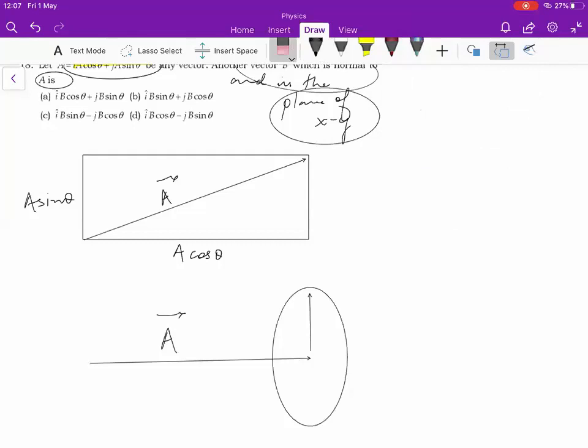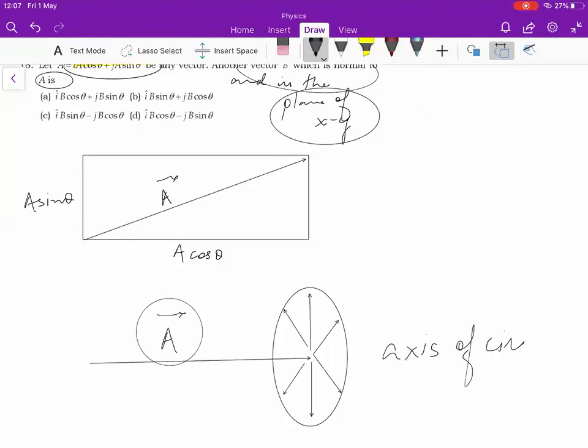Is it clear? So this is perpendicular to it. In fact, this is perpendicular to it. In fact, this is perpendicular to it. So all these vectors which are in the plane of this circle are perpendicular to the vector A, which is along the axis of the circle. Yes or no?